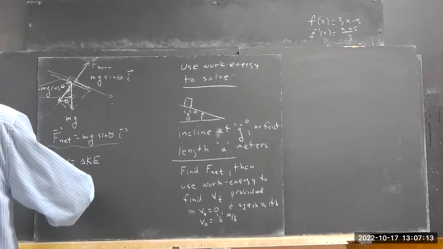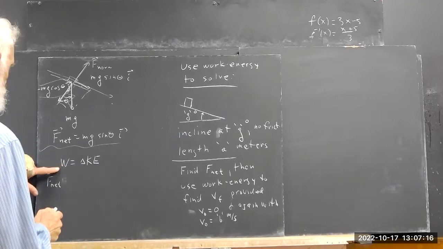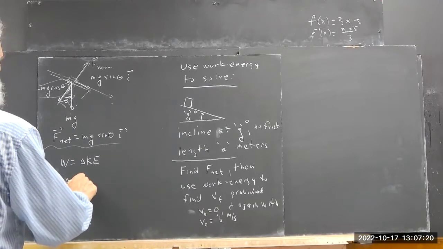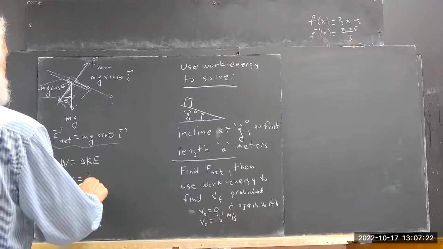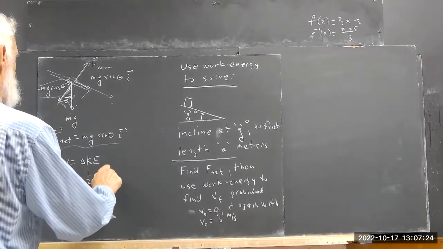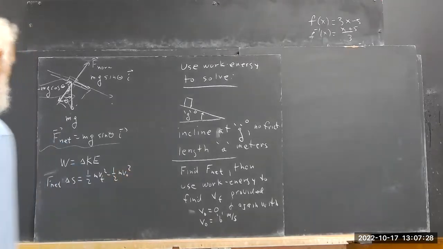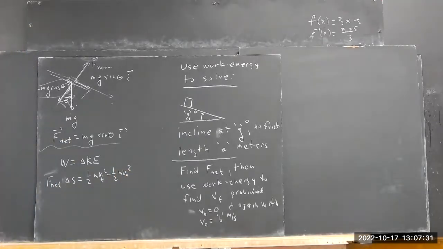I want to write this with a dot product, but I think I'm not going to this time. F net delta S equals 1/2 m VF squared minus 1/2 m V naught squared.